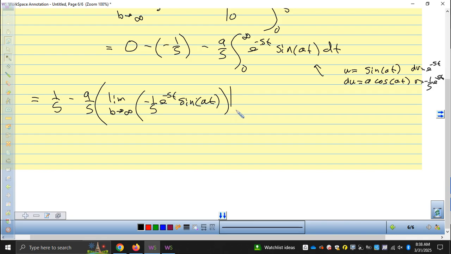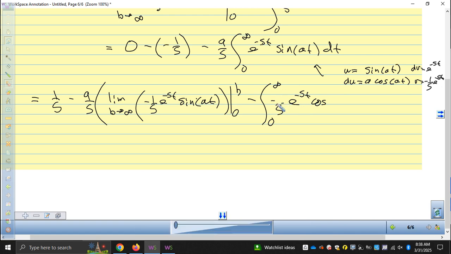And we're evaluating that on 0 to b. Minus, and this is inside the parentheses here, u dv, the integral from 0 to infinity of negative 1 over s e to the minus st, sorry, v du, times, what do I have, an a here? A over s from here, cosine at dt.